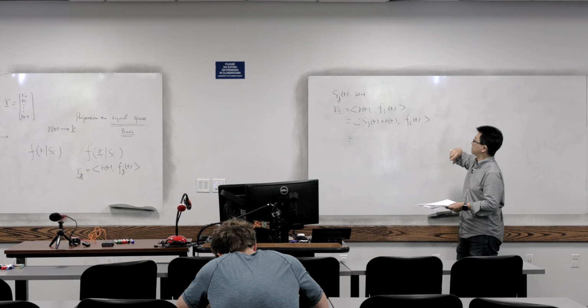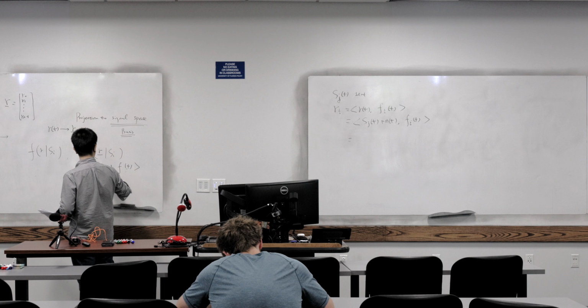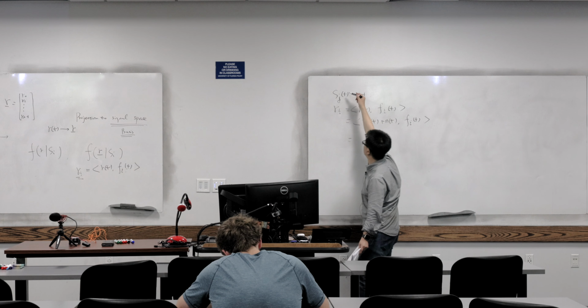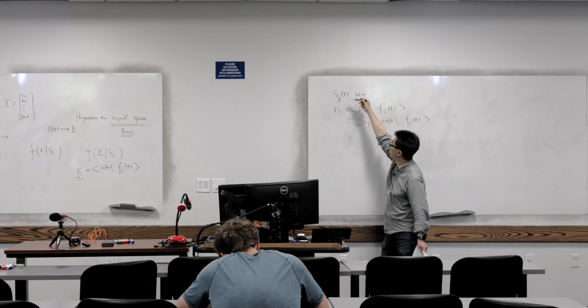I don't need to change it; I'm still using i here, and I think that'll be better. Because for each signal Sj, we need to compute the projection of this with all of the bases, so we need to use a different notation here.